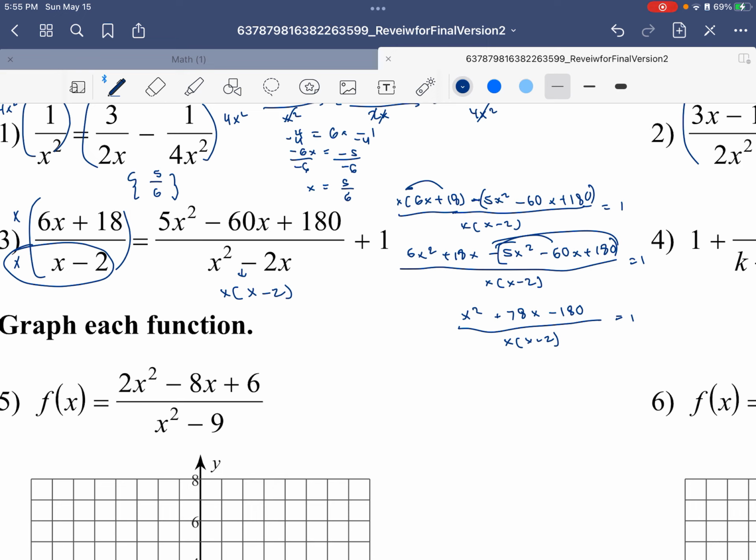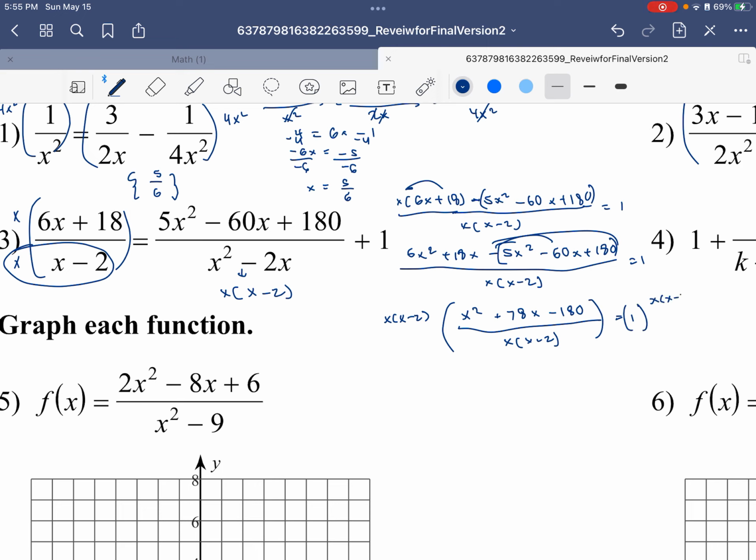And now what can we do? Get rid of the denominator, so multiply both sides by x minus 2.